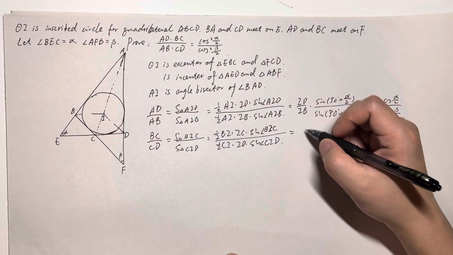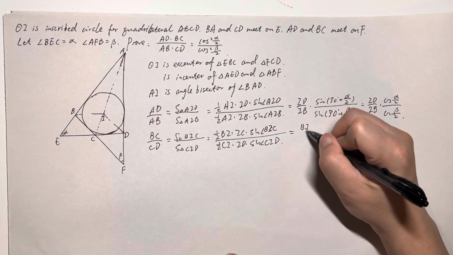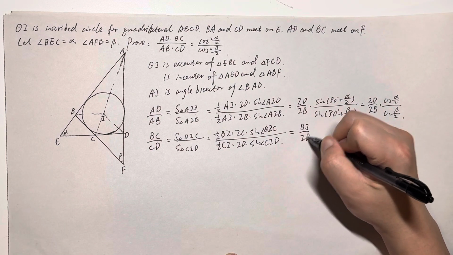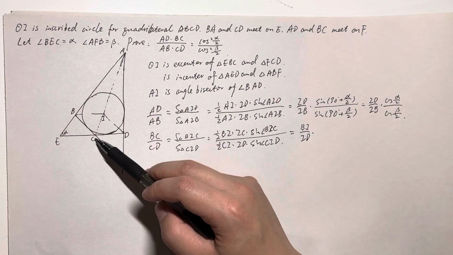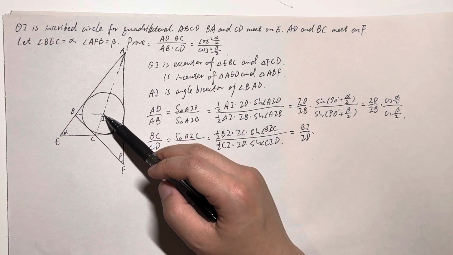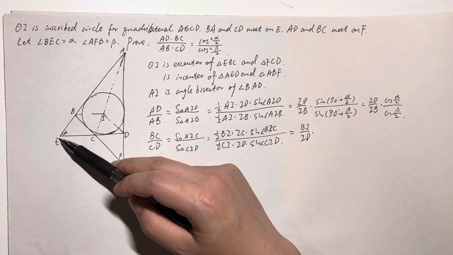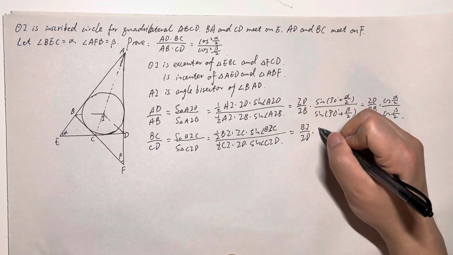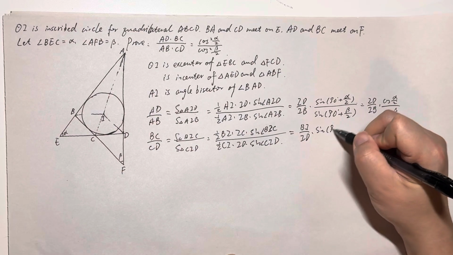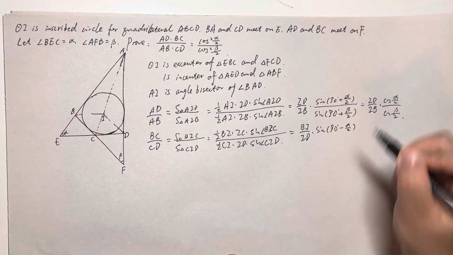So it equals BI to ID times the ratio of the sines. Because I is the excenter of triangle EBC, angle BIC equals 90 degrees minus half of alpha, right?